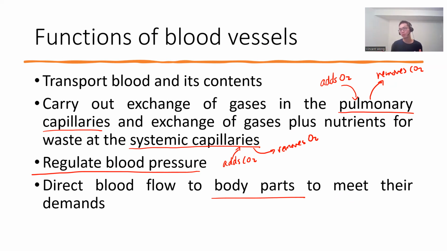You're not running around, so your body is going to conserve the blood and send it somewhere else. Maybe send it to your digestive system because you had breakfast, so it's time to digest it. When you're up and running around, then you need to divert more blood to your muscles. Okay, and then you will take away blood from your digestive system. So depending on what you're doing, the blood flow is going to be different to different parts of the body. And that is, for the most part, regulated by blood vessels as well.